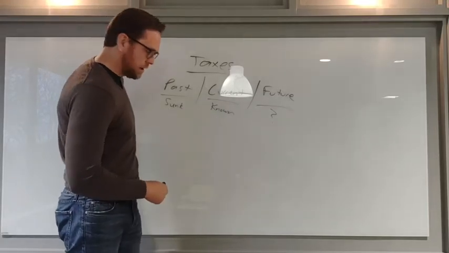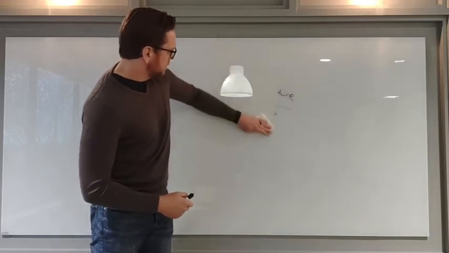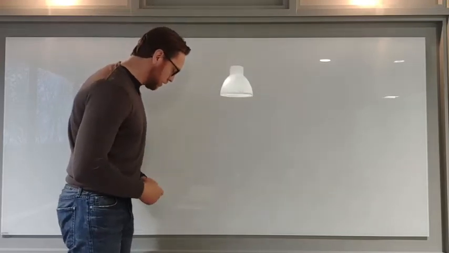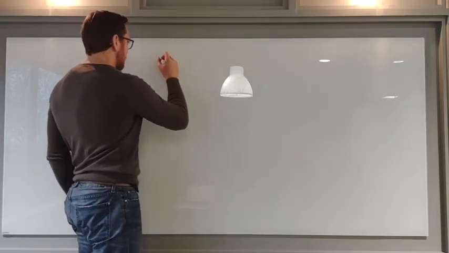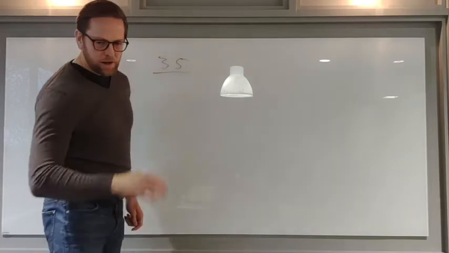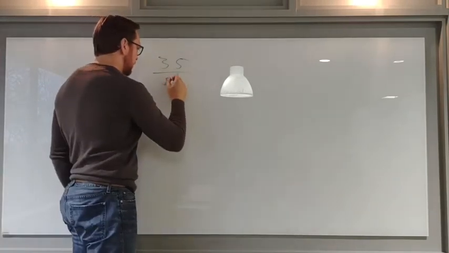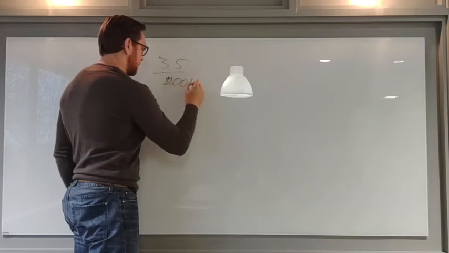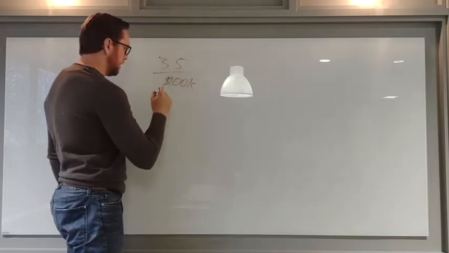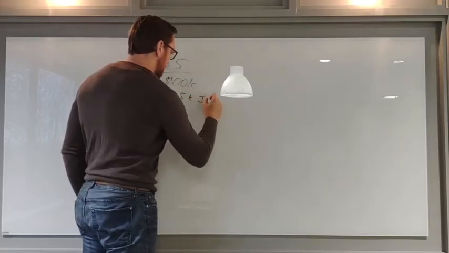So let's look at a specific example of how this might have worked. Let's say at age 35, you generated income of $100,000 and you made a $5,000 IRA deposit.